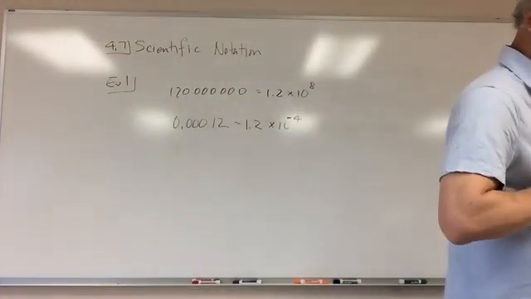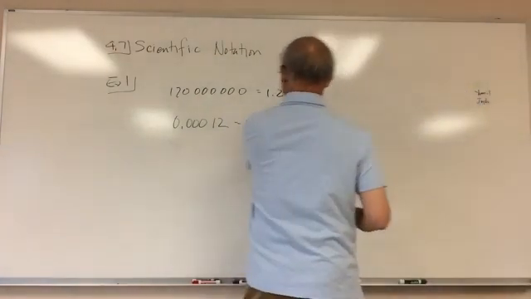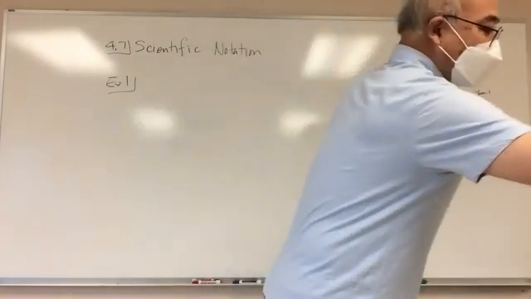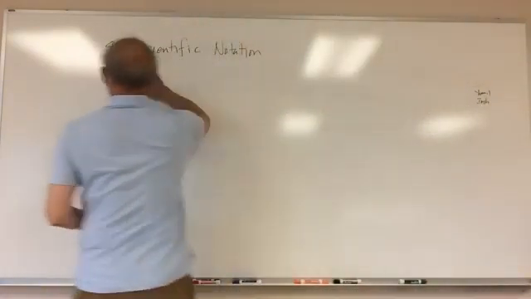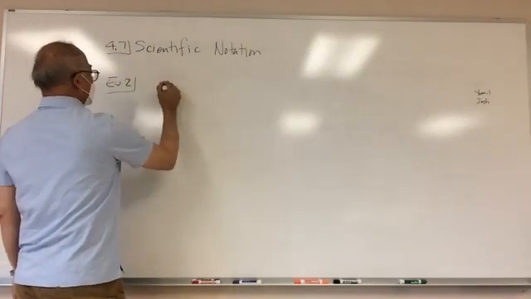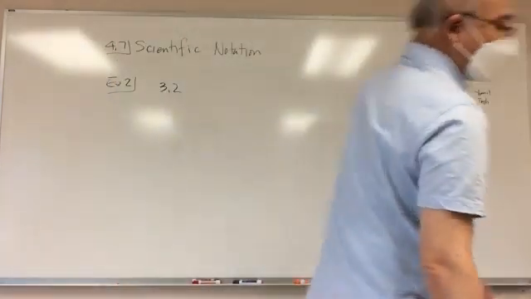Let's go to example number 2. Write 3.2 times 10 to the 7th in standard form. So now we're going to go from scientific notation to standard form. So I have 3.2 times 10 to the 7th.